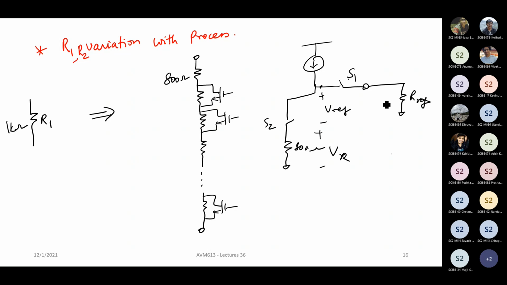For example, even if your outside reference is, let us say, 800 ohms, Vref by VR should be equal to 1, but it will not be equal to 1. It will be slightly greater than 1 or lesser than 1. Now, by looking at this ratio, you will know by how much this actual resistance has changed.